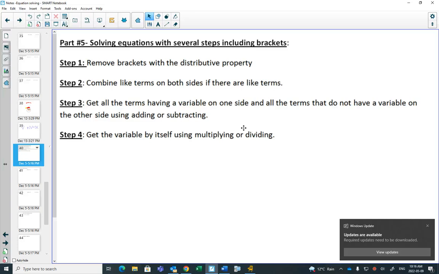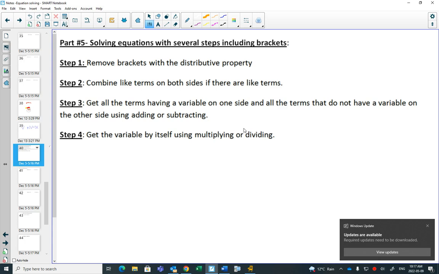And we're on part 5, solving equations with several steps. Again, step 1, it says, remove brackets with the distributive property.